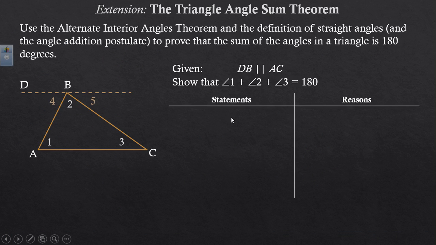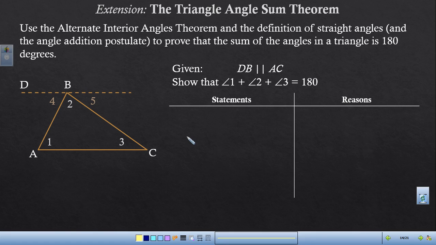Okay, this proof is definitely on the test. This is one of my personal favorites. It starts with these three angles being a straight angle. So straight angle. That means that angle 4 plus angle 2 plus angle 5 is equal to 180.